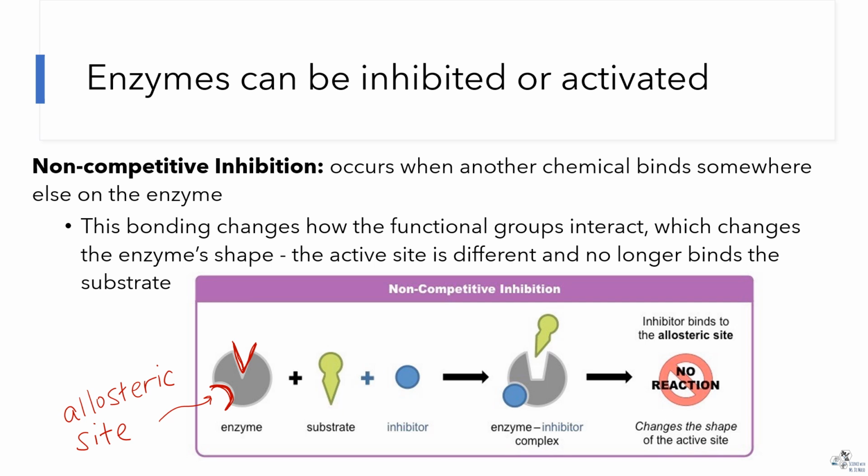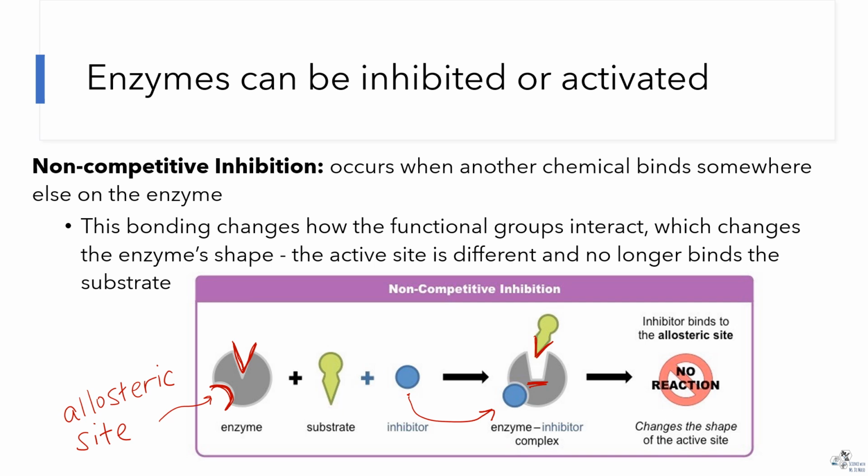And when these allosteric inhibitors, these non-competitive inhibitors, bind to that site, it causes a shape change in the enzyme, just like any kind of chemical reaction would. But in this case, it very specifically changes the shape of the active site, so it can no longer fit the shape of the substrate. And therefore, the substrate can't bond, the reaction cannot occur.